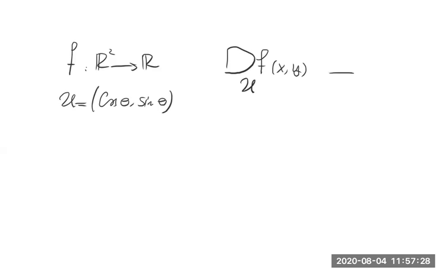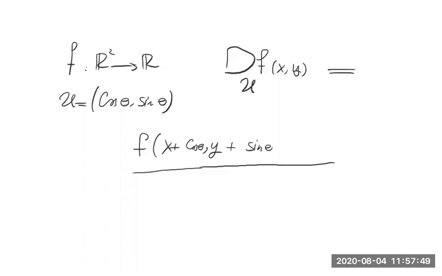Well, the derivative is defined by this formula. If you're at the point x and y, we can take some small step in direction of u. So it would be f of x plus cosine theta, y plus sine theta, and then I can subtract f of x and y, and I can divide it by 1.